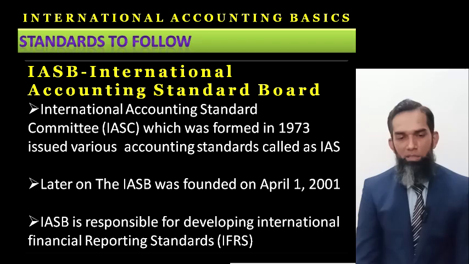It issued various accounting standards called IAS, going 1, 2, 3, 4, and so on to almost 41. Then after that IAS were stopped, and now accounting is almost completed on the accounting side. But now the reporting standards are coming.